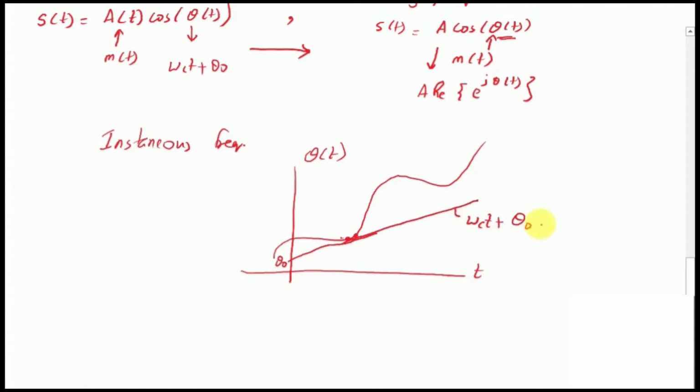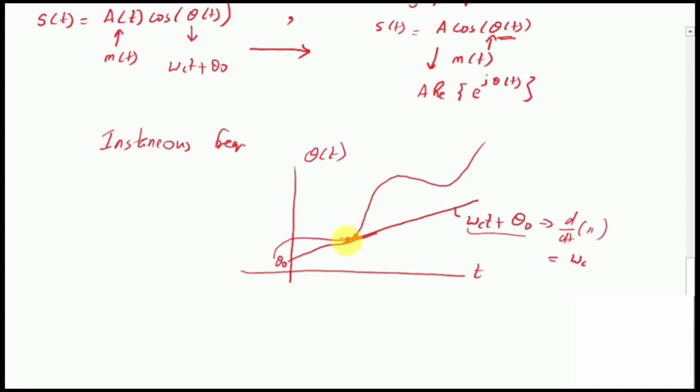If we take the derivative of this with respect to time, d by dt, we would simply have a constant, which is omega c. But over here, the generic angle is constantly changing.